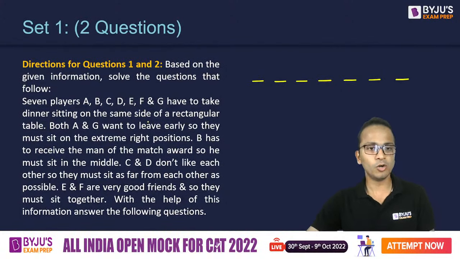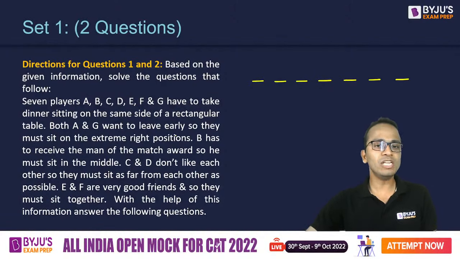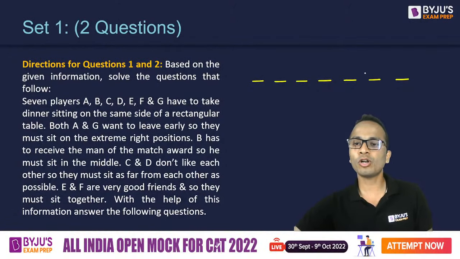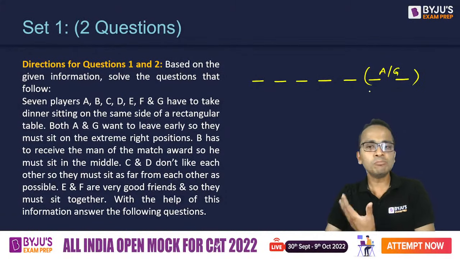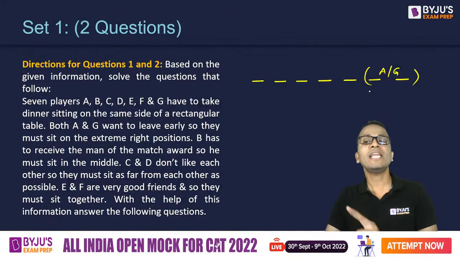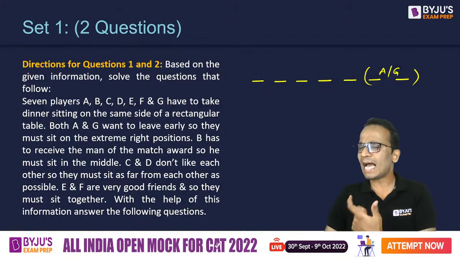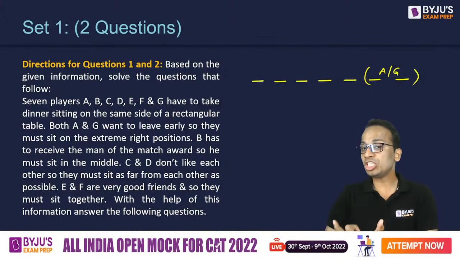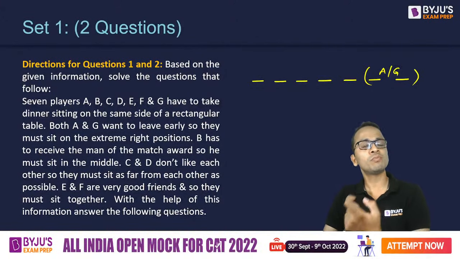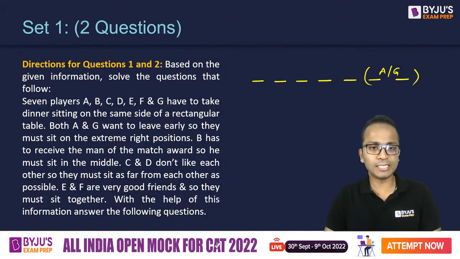Now both A and G want to leave early, so they must sit on the extreme right positions. So for A and G, I can reserve these positions. A and G will sit at the extreme 2 right positions in any order. So I cannot fix the positions of A and G individually, but I can fix their positions together. So the last 2 positions belong to A and G, right?